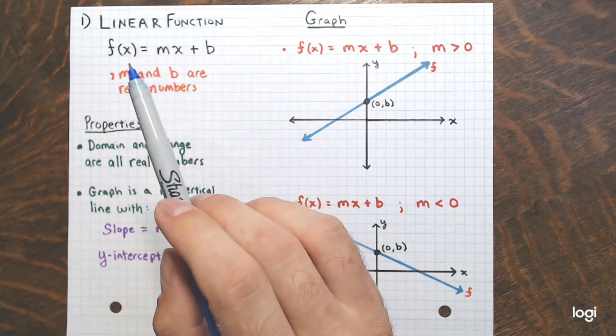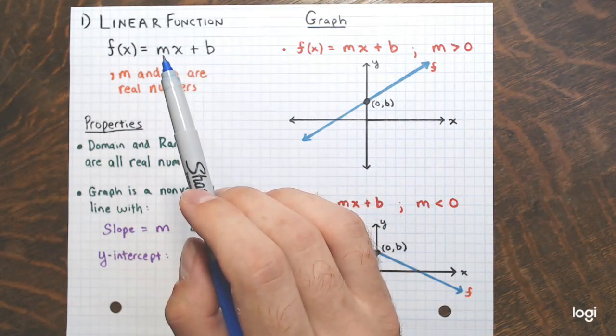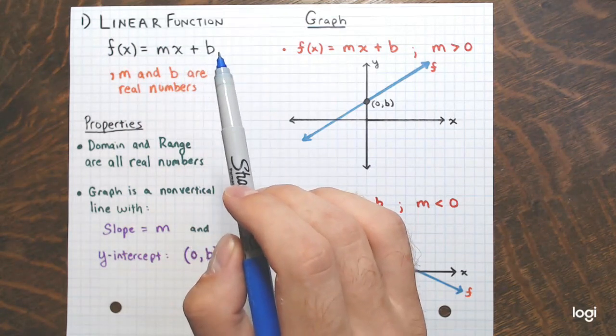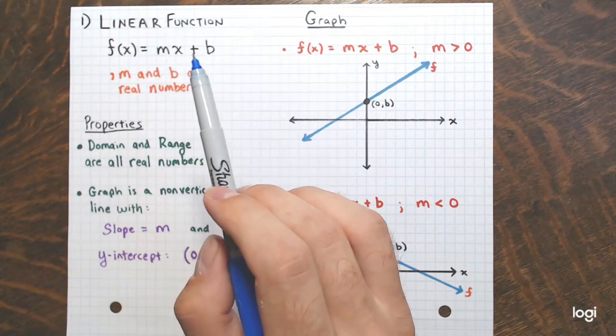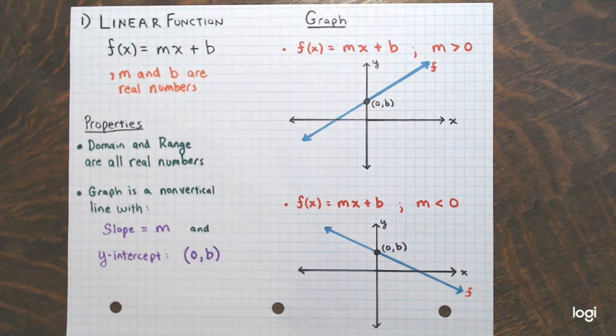So for instance, f of x equals 2x plus 3, or negative 5x plus 7, or negative 2x minus 4. You can think of all sorts of examples of a linear function.